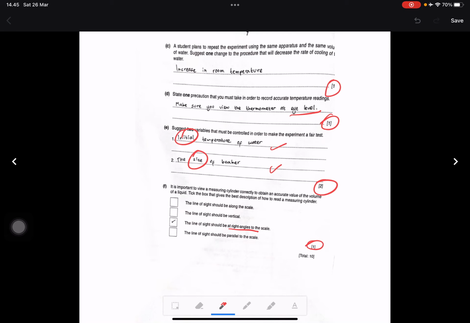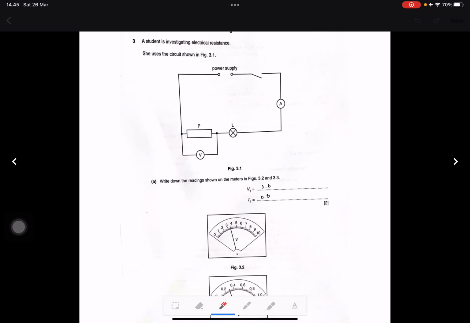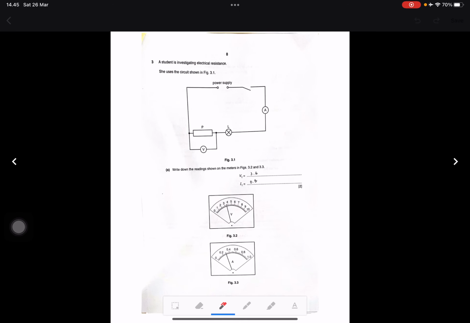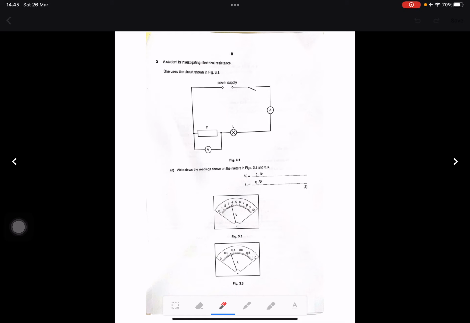Okay, question 3 about electricity. A student is investigating electrical resistance. She used the circuit shown in Figure 3.1.